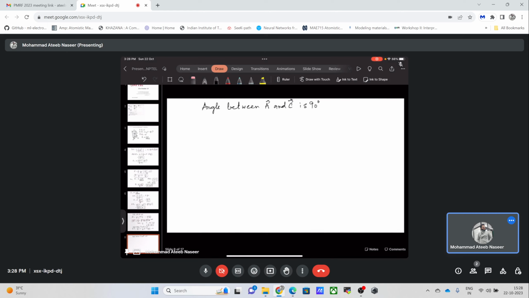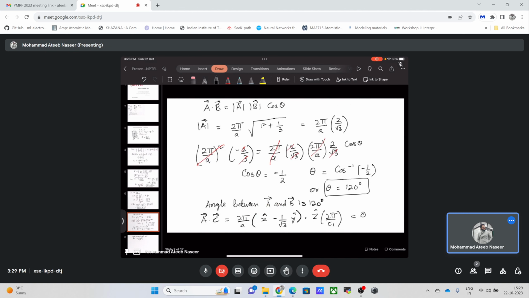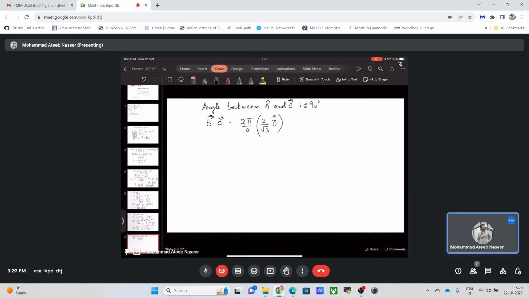Similarly, for B dot C, B is simply 2 pi by a times 2 by root 3, I guess, along the y hat. Let us check the vector. Yes, it is 2 by root 3 along y, and C is simply 2 pi by c1 along z.